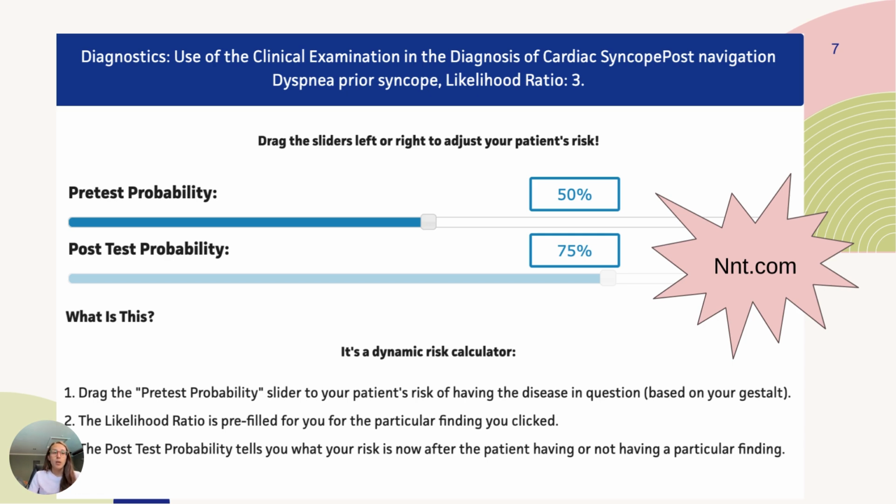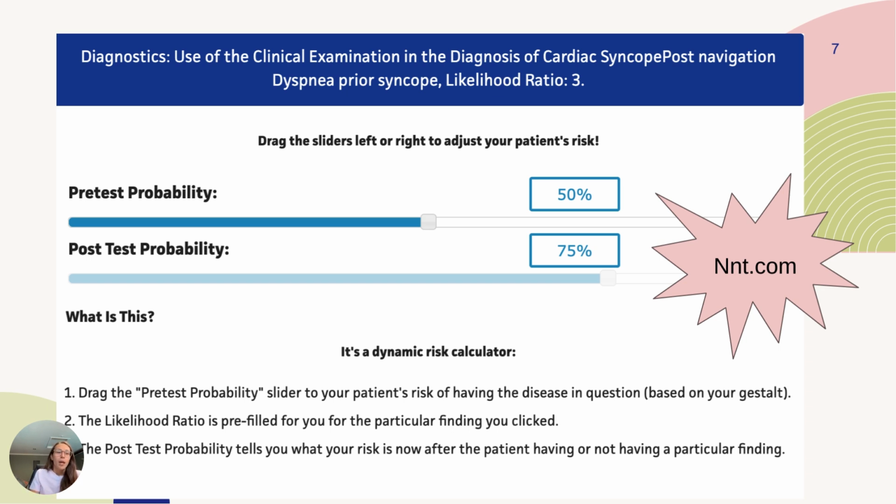As you can see here, what I pulled was we're thinking of the diagnosis of cardiac syncope, and I'm asking the question, were they short of breath before the syncopal episode happened? Likelihood ratio about 3.5. So my pretest probability to start is about 50%, intermediate range. That's just a guesstimation on your part.